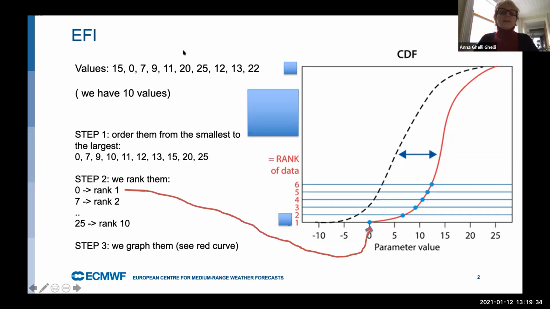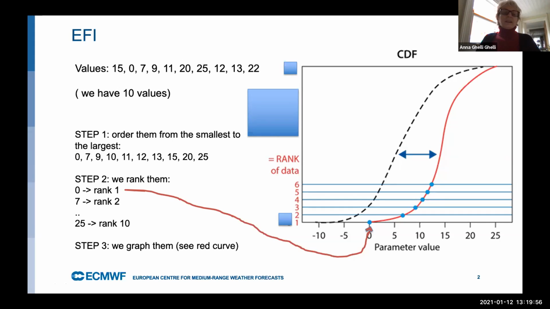Okay. The first thing we do, we put them in order from the smallest to the biggest. So you have your values here, and now I've ordered them. You see that now the 0 is the first, the 7 is the second, the 9s, and so on and so forth. Then we rank them from the smallest to the biggest.